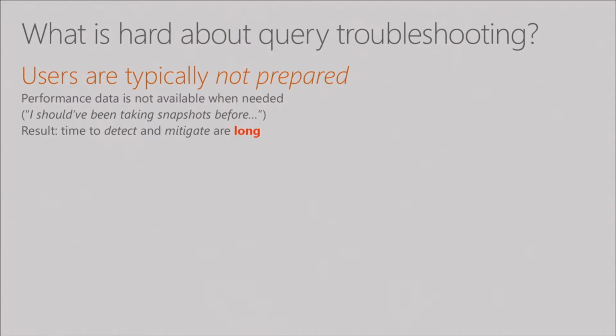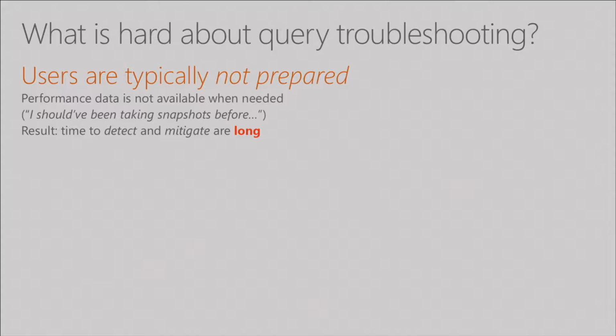But one of the things that is really problematic when it comes to performance troubleshooting is that most people are not well prepared for the situation. When a problem occurs, they typically don't have enough data to react immediately. Yes, they will probably start tracking data.